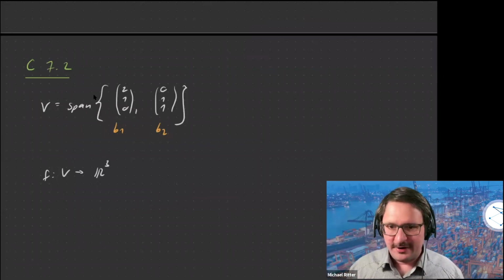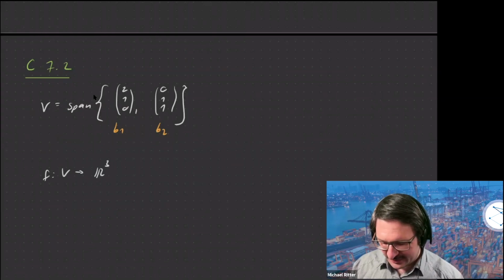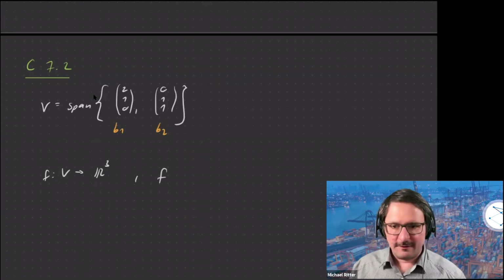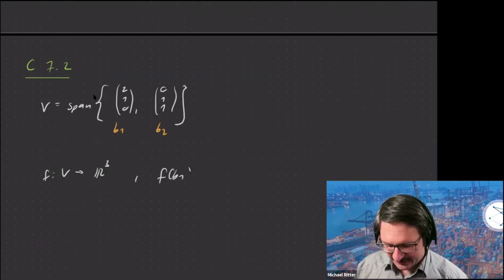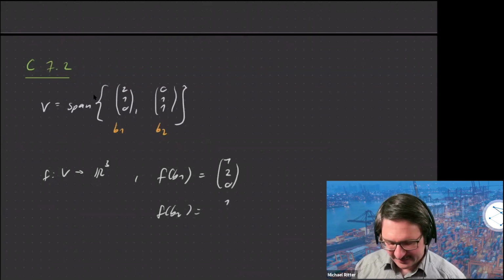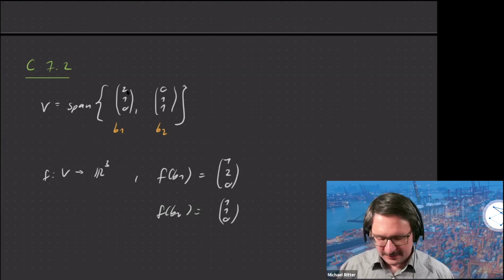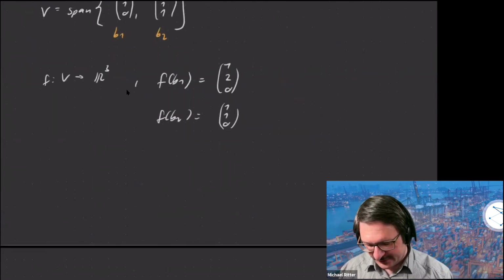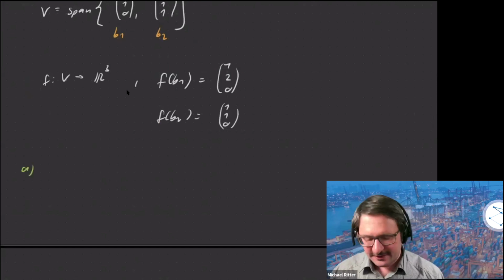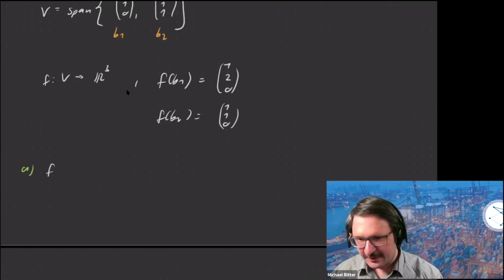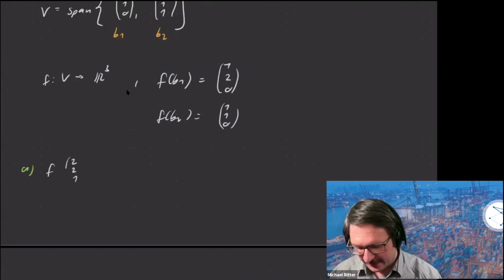We do that in part A. So here, the function is actually defined in terms of its image on the basis vectors. f of b1 is by definition 1, 2, 0, and f of b2 is defined as 1, 1, 0. The first task is to use that definition to determine f of 2, 2, 1.